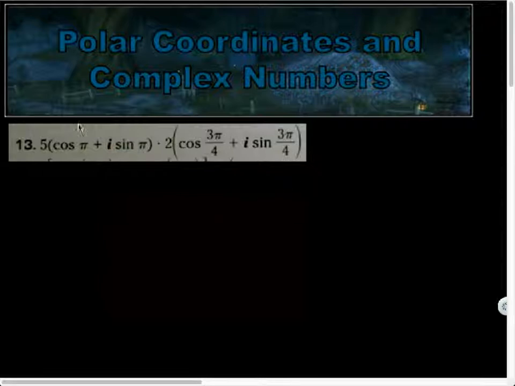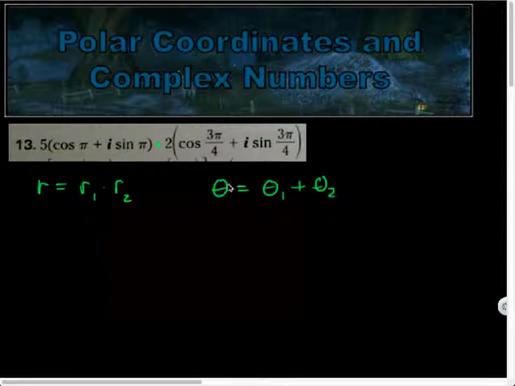So here I've got two complex numbers in their polar forms, and what we found out was when we multiplied two of them in this form, my new modulus is equal to R1 times R2, and my new amplitude is equal to theta 1 plus theta 2.